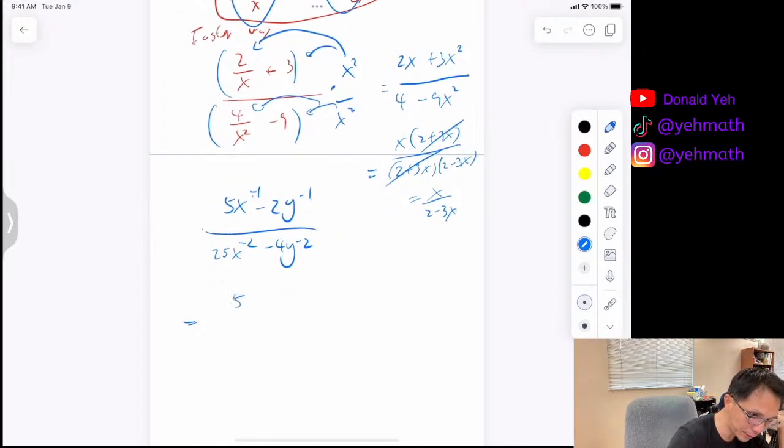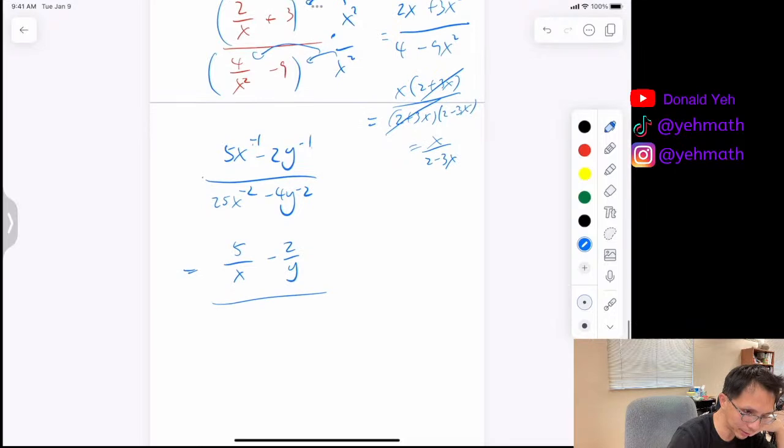So the first step, rewrite this. 2y to the negative 1. What is it? 2 over y, good. Now it becomes the same problem as before: 25 over x squared minus 4y squared. That's the only difference between this question and the previous questions.